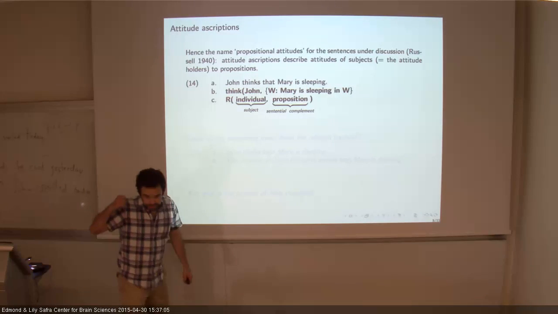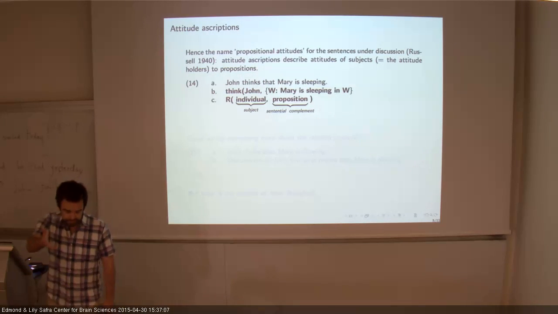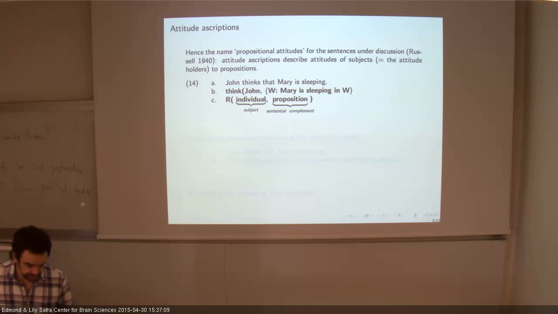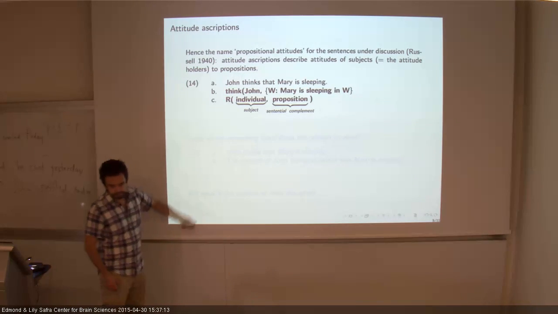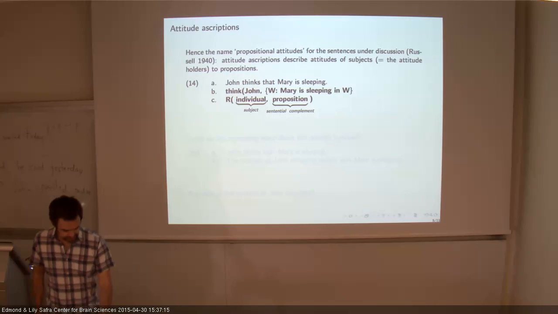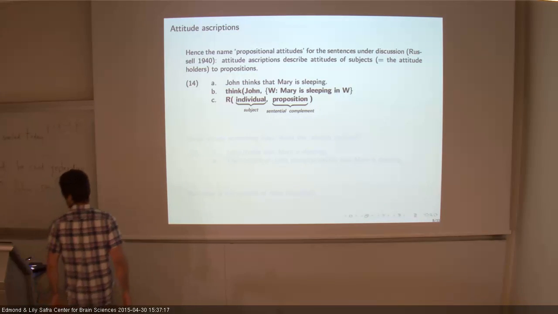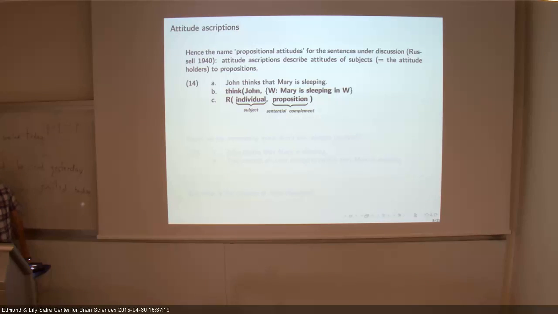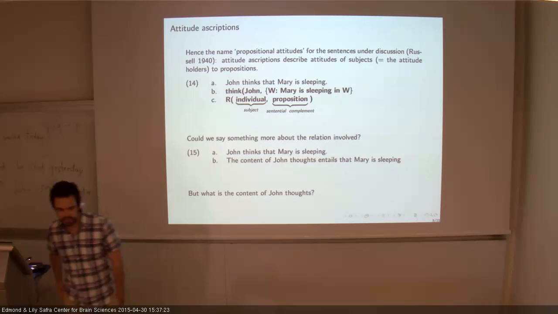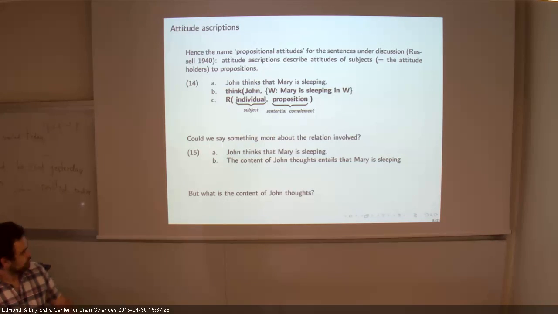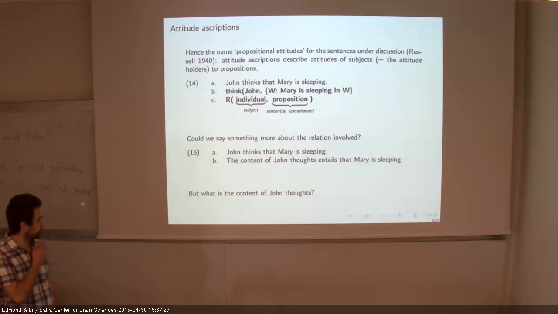Now, here's another question, and David tried to get at it earlier. How can we characterize this relation? Our next task is to characterize this relation of thinking. We want to be a little bit more specific about what it means for someone to think that Mary is sleeping.